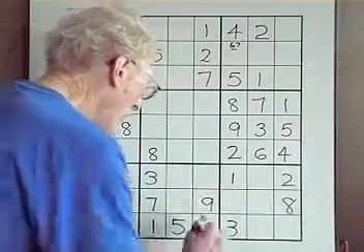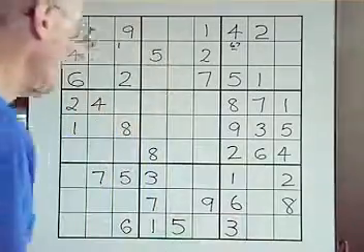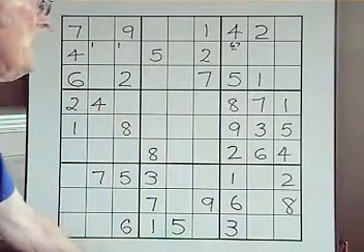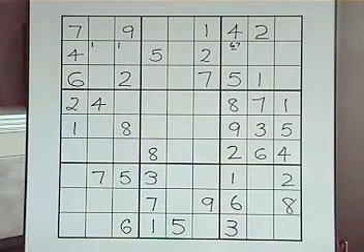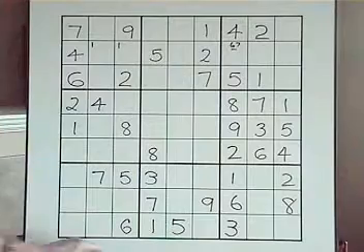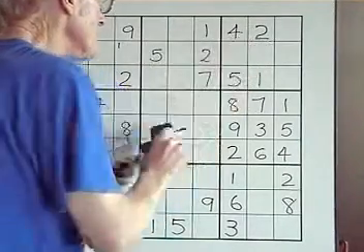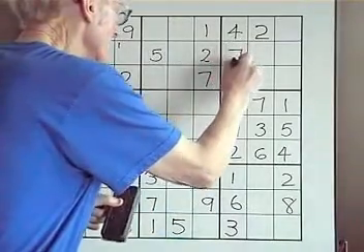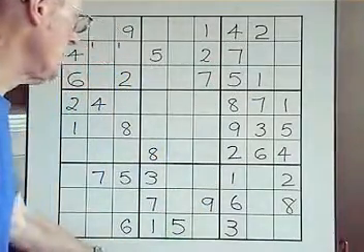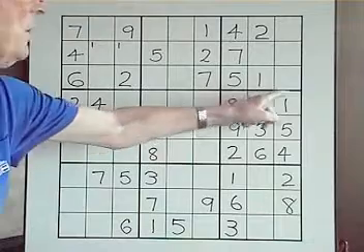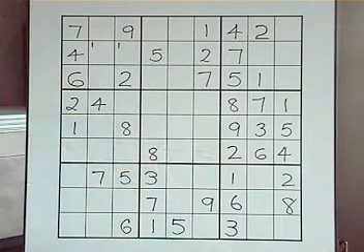Whenever you're checking to see TMB or LCR, always look in two directions. It's easy to only look at one direction. This now becomes your 7. And all that because we saw this opportunity here.